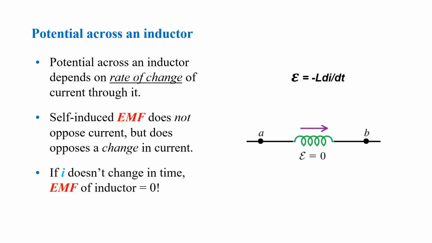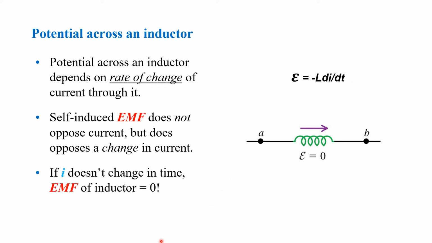Now, the potential across an inductor depends on the rate of change of the current through it. As you can see from the equation, the induced EMF, epsilon, is equal to negative L times di/dt. Epsilon depends on this rate of change, di/dt. Self-induced EMF does not oppose current, but does oppose the change in current.